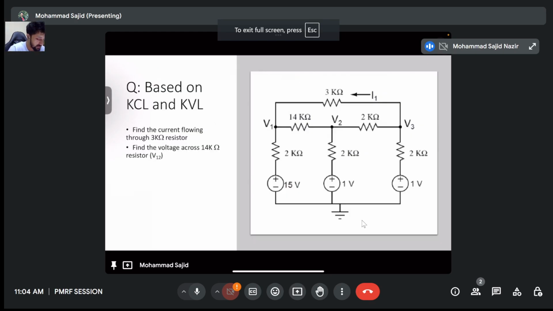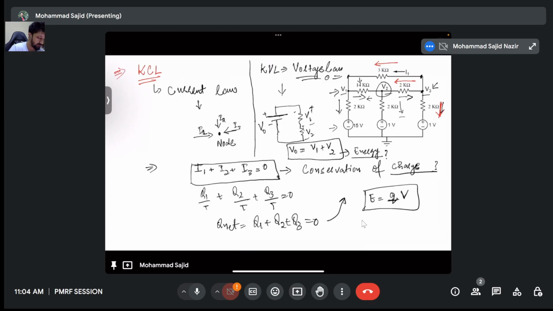So we first discussed this question on KCL and KVL, and we discussed what is KCL and what is KVL. KCL is a current law, which says that if current comes in at the node and currents are leaving it from the node, they have to be equal.